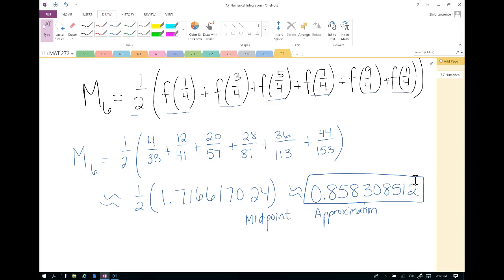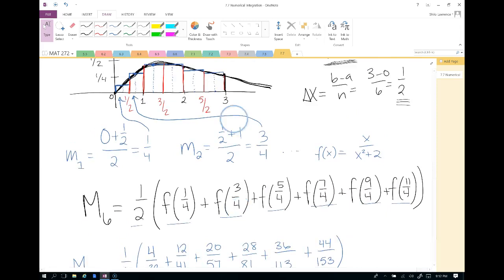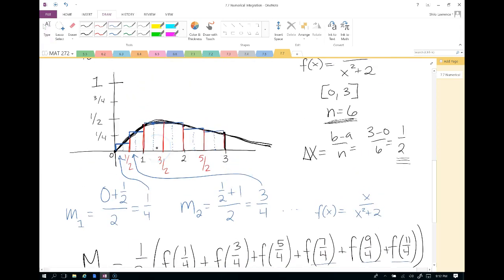The more rectangles you break your area up into, the better an approximation it's going to be, because these pieces right here will get smaller and smaller. So those pieces with the excess will get smaller, and those pieces with the deficits will get smaller. These pieces will get smaller and smaller as our rectangles get skinnier and skinnier.